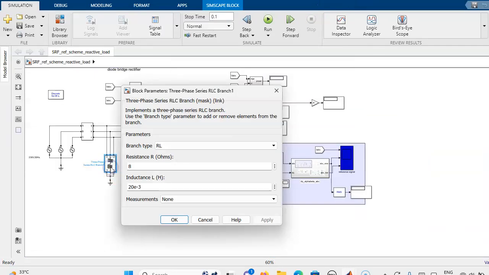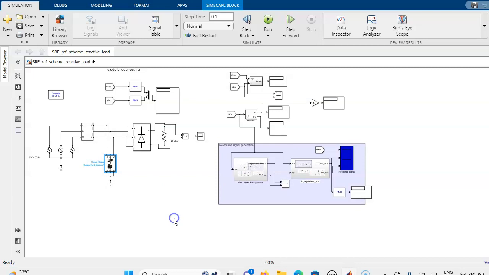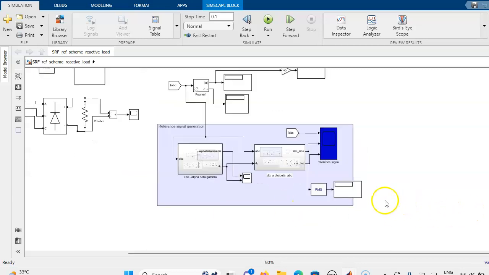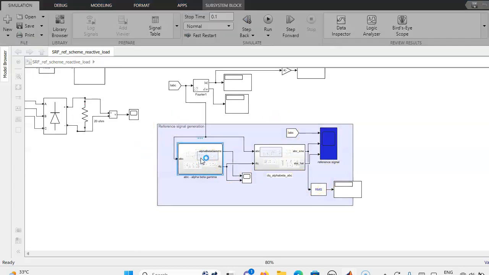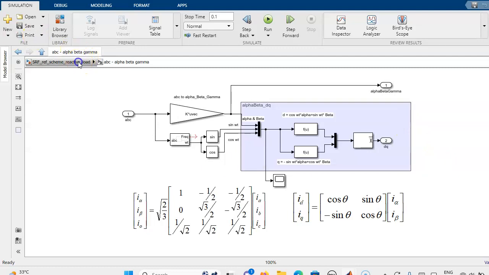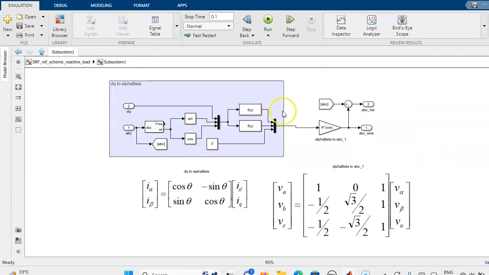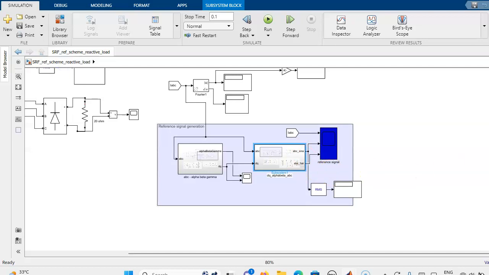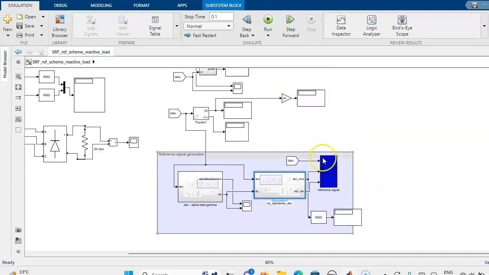That is, one inductive load we are connecting with the resistance R 8 ohm and inductance 20 into e power minus 3. We have not changed anything in the control algorithm, we are just keeping the same reference signal circuit, and we are going to verify whether the reference signal is the same or not. Whether the RMS value will generate the fundamental current alone or not.